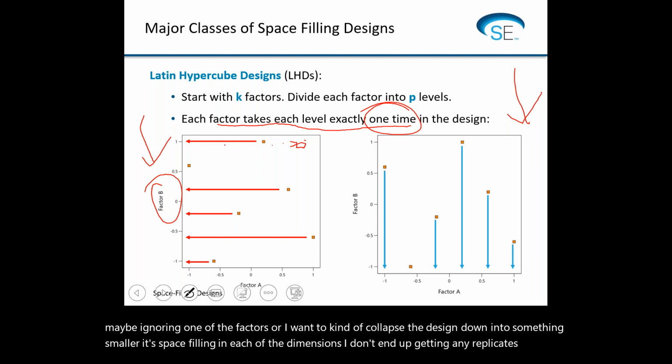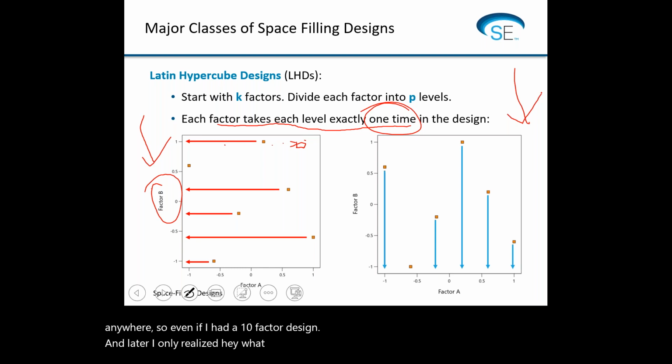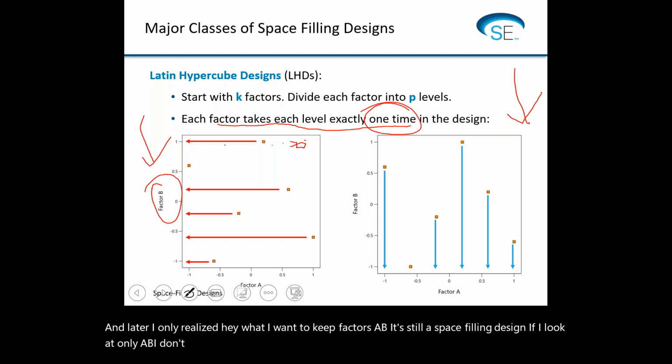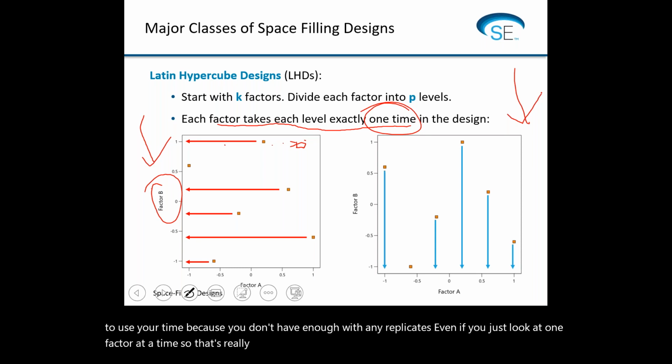Even if I had a 10 factor design and later realized, hey, I want to keep factors A and B, it's still a space filling design. If I look at only A and B, I don't have any replicates. So it's an extremely efficient way to use your time, because you don't end up with any replicates, even if you just look at 1 factor at a time. That's really the special property of Latin Hypercube designs.